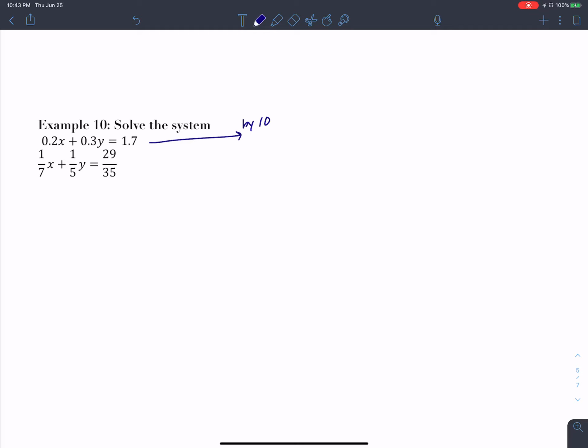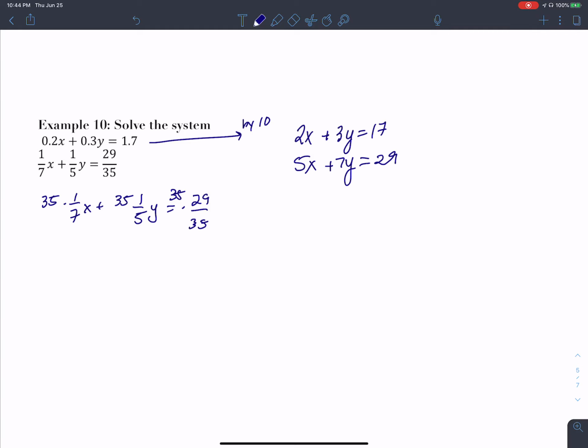So we'd get 2x plus 3y equals 17. And this one, we would clear the fraction by multiplying it by 35. So we're going to get 5x, because remember we divide, plus 7y equals 29.